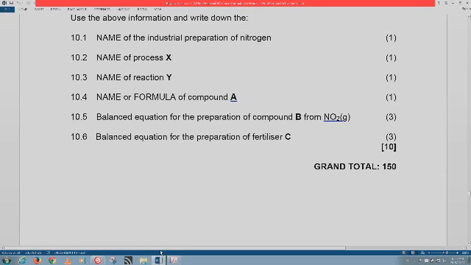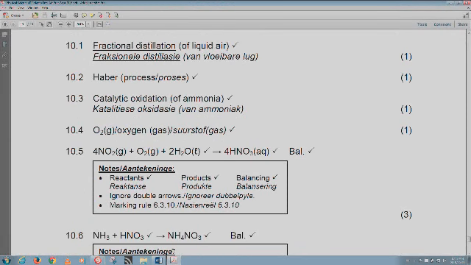And then 10.5, write down the balanced equation for the preparation of compound B from NO2. The balanced equation there for the reactants, there must be NO2 plus O2 plus H2O to get 1 mark for the reactants, and then there must be HNO3 on the right hand side to get the mark for the products.